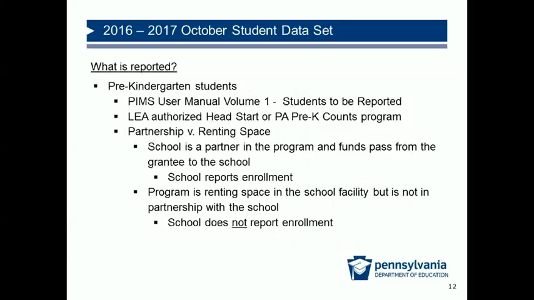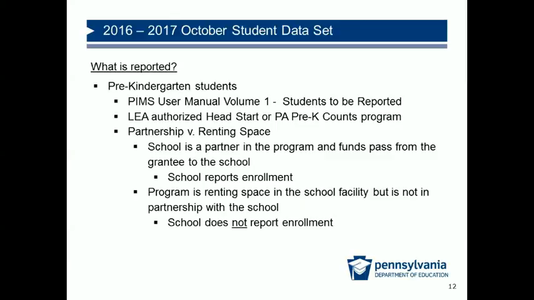Reporting pre-kindergarten students. From PIMS User Manual Volume 1, Students to be reported. Record all students enrolled in the LEA's pre-kindergarten program. Most of these students will be 3 or 4 years of age. All students should be included, regardless of funding source, including any students who are Head Start or PA Pre-K Counts students as described below.